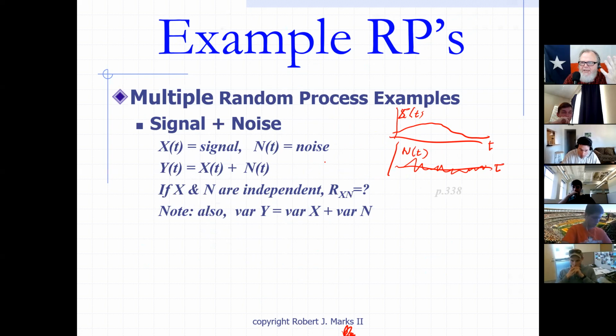I maintain, for example, that if you were to record my words, the audio that you would generate, the function of my vocalizations as a function of time in the future, is a stochastic process. Because if it wasn't a stochastic process, it means it's deterministic. And if it's deterministic, that means you can predict what I'm going to say in the future.